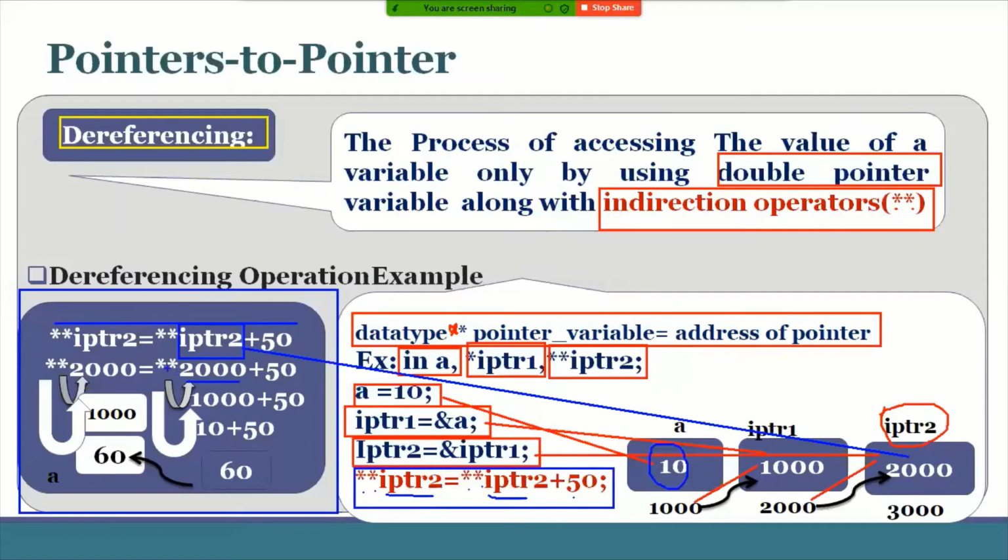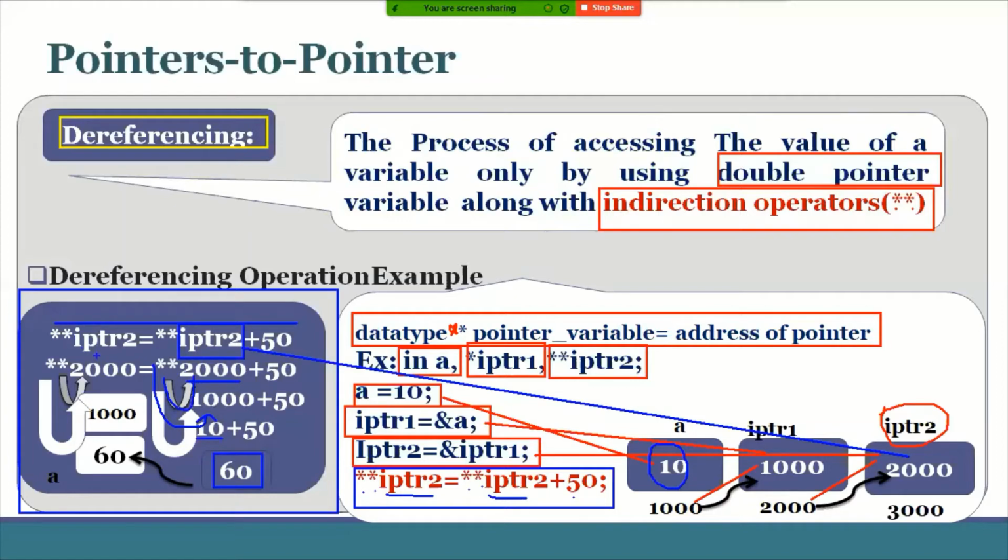What do we get? The value within that 2000 location, which is 1000. That 1000 will be substituted here. And with the second indirection operator, the value within this 1000 location is what? 10. 10 will be substituted over here. 10 plus 50 is 60.